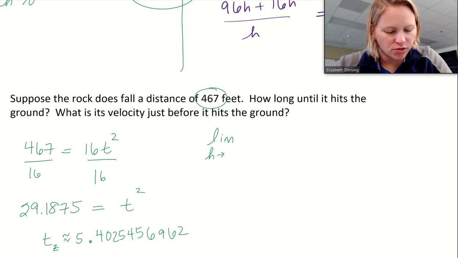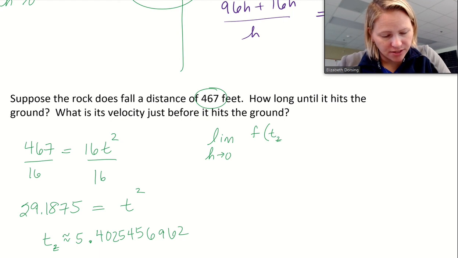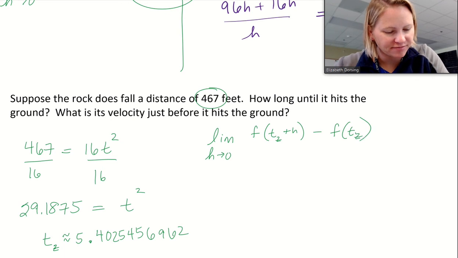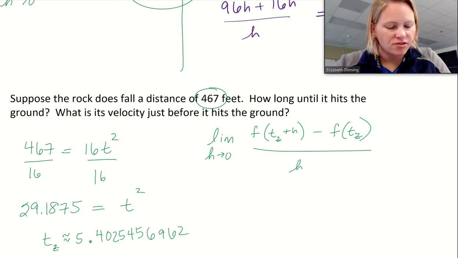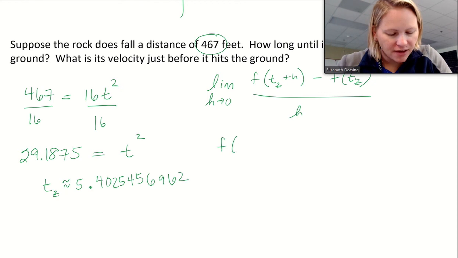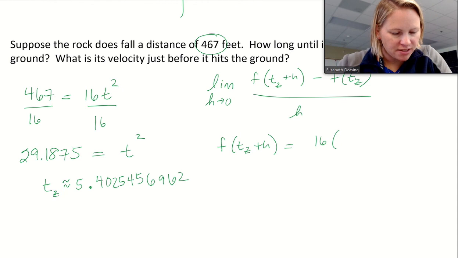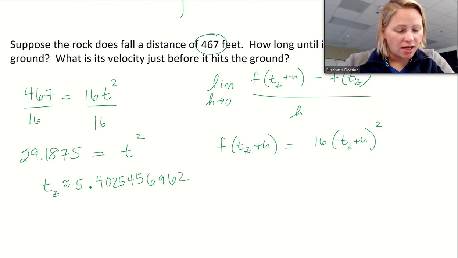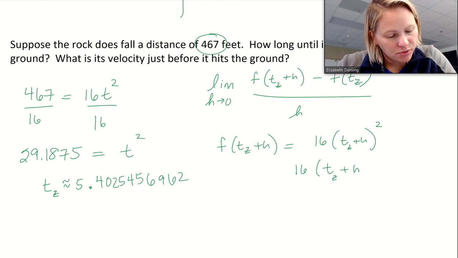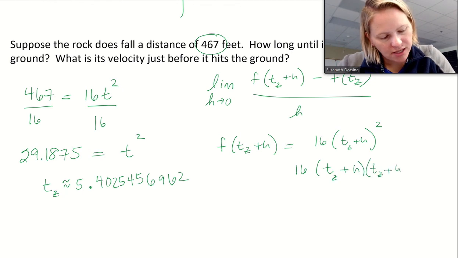So the limit as h approaches 0 of f of tz plus h minus f of tz, all over h. Now I'm going to plug things in. F of tz plus h is going to be 16 times tz plus h squared. I'm going to multiply that out, tz plus h times tz plus h.